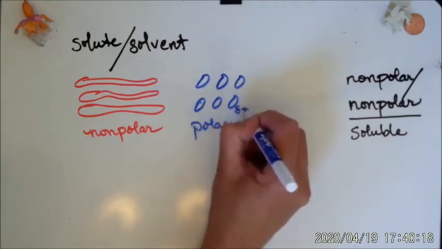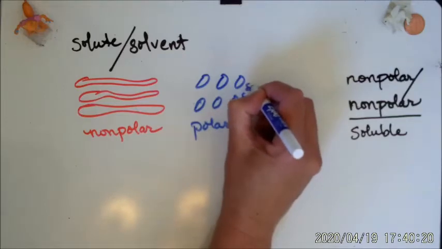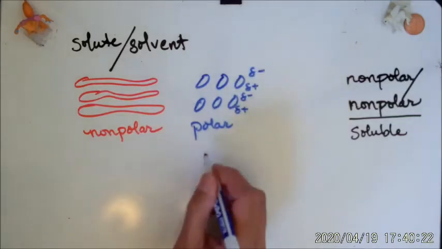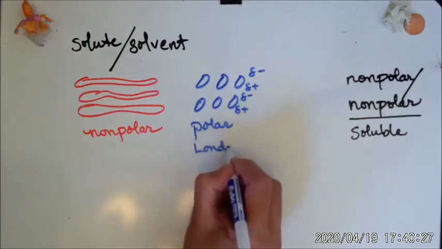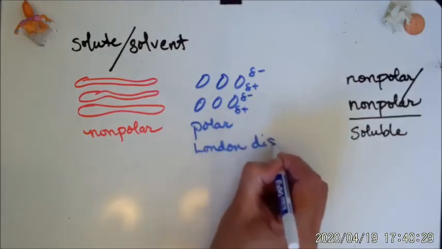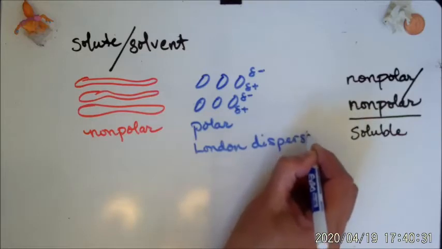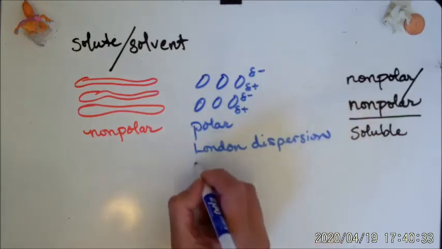Then you'd have a permanent dipole. Okay? So to hold the solute together, not only do I have London dispersion, okay, I could have hydrogen bonding.